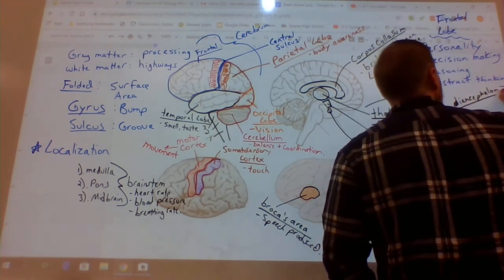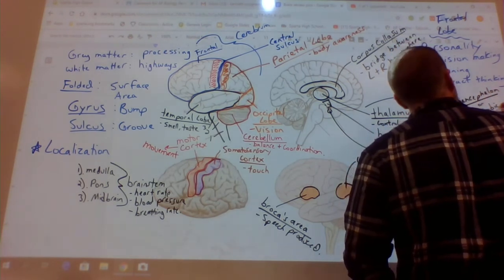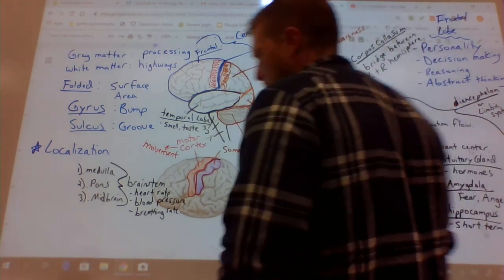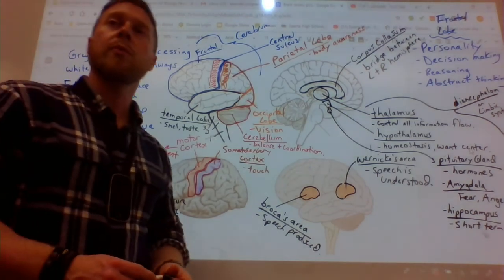Or we also call it the limbic system. Right? That region is generally referred to as the diencephalon. It's containing the thalamus, the hypothalamus, the pituitary, the amygdala, the hippocampus. Is the diencephalon or the limbic system.